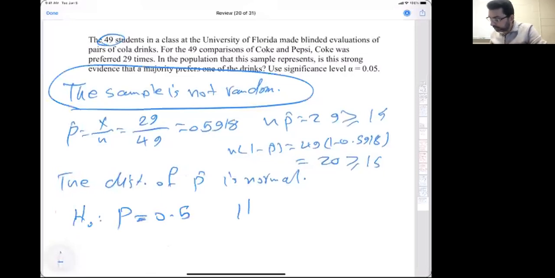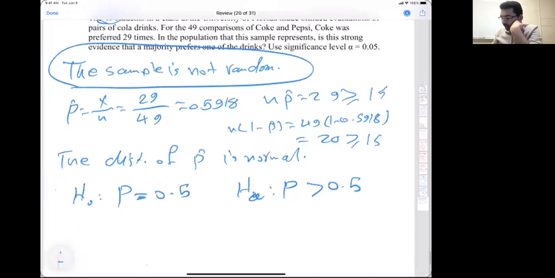The alternative hypothesis HA is p greater than 0.5, which means maybe the majority prefers one drink over another. So this is the null and the alternative hypothesis.